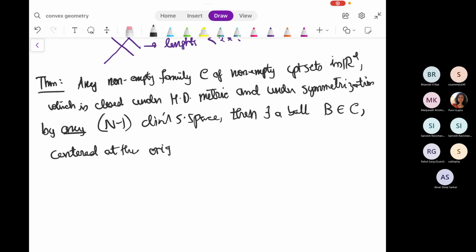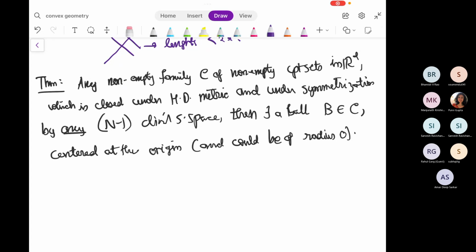Furthermore, this ball could also have radius 0. A closed ball of radius 0 is just a single point. So it's possible that it might be a single point, but it's definitely true that a ball of some radius is there, centered at the origin.